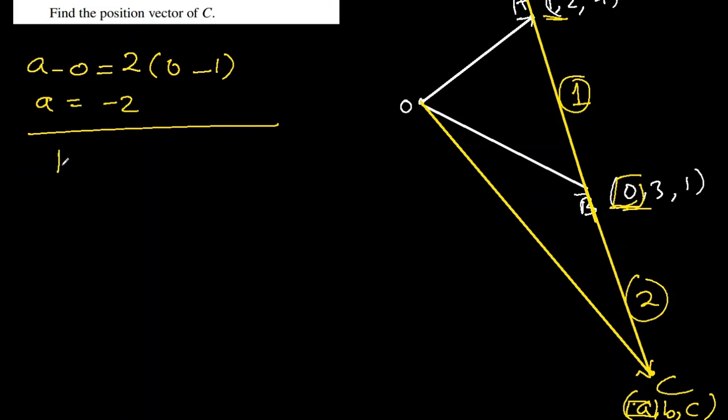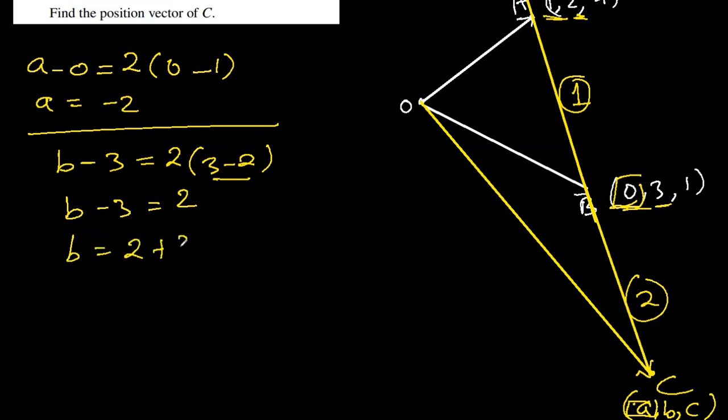Similarly, b minus 3, which is the difference between the y coordinate of this and this, will be twice the difference between 3 and 2. So b minus 3 is 1 times 2, which is 2. So b becomes 2 plus 3, which is 5.